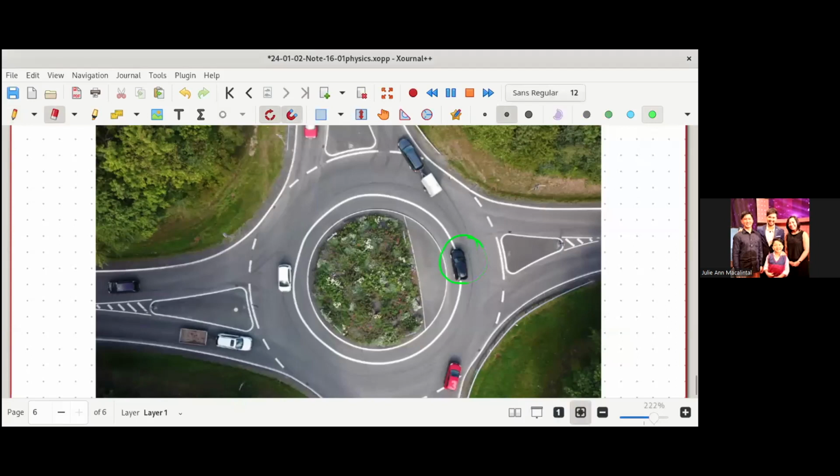So, consider this car. It's moving on the circle, di ba? Ngayon, yung axis of rotation niya, yung center is going to be ito. That we mark with a red X. Ito yung radius.